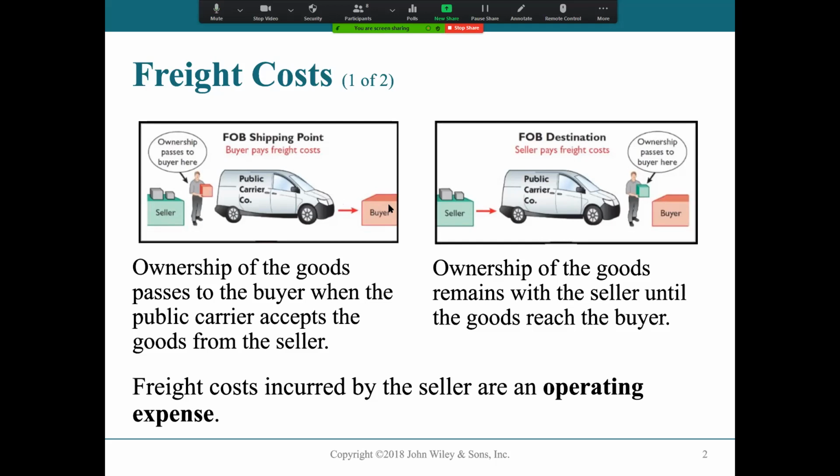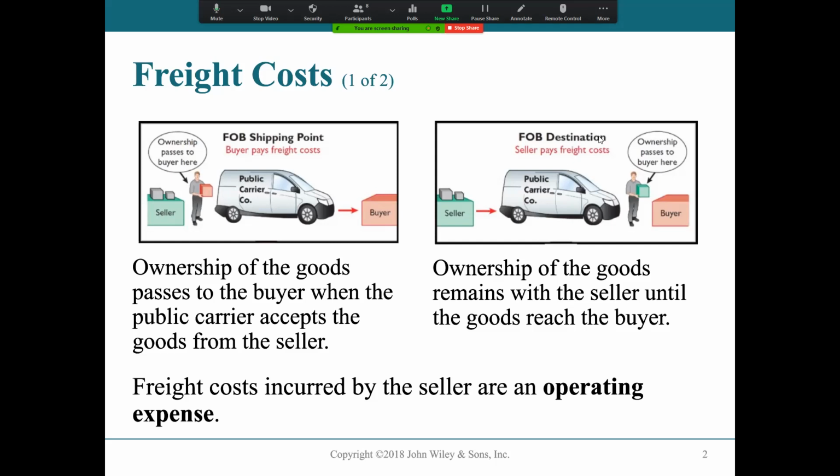And because of that, the buyer is going to pay the freight costs or the shipping costs. So FOB shipping point means that the transfer of ownership happens when the seller delivers the goods to the public carrier, in other words, the shipper. And so if the ownership changes here, then it's going to be the buyer's responsibility to pay the cost of getting it to them.